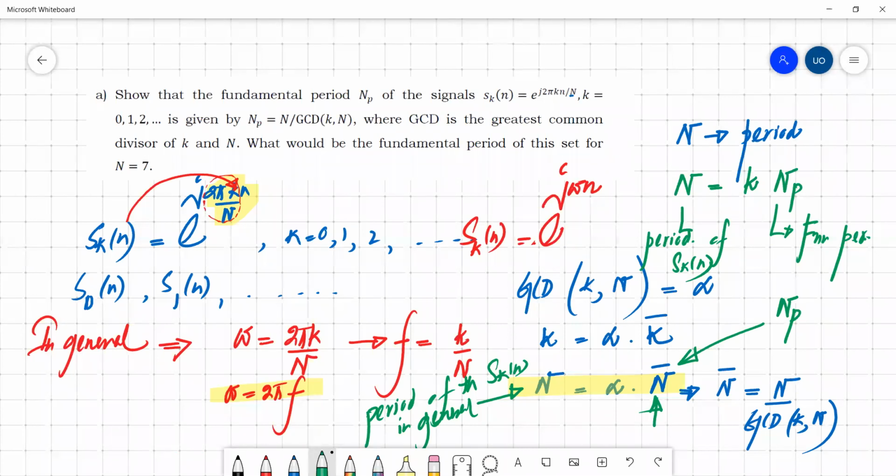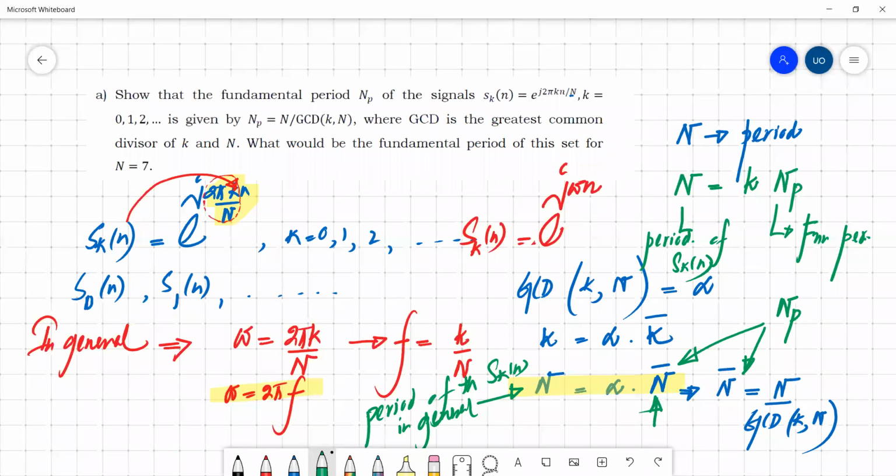So then simply we can obtain the fundamental period of the signal N' for this case. So N_p is actually capital N divided by GCD of K and N. So then we can claim that the fundamental period of this set of signals can be represented as N divided by GCD of K and N.